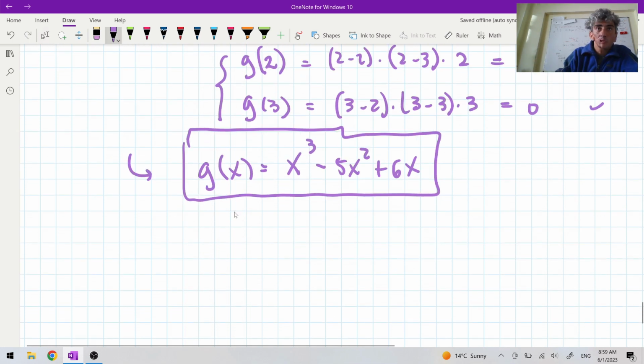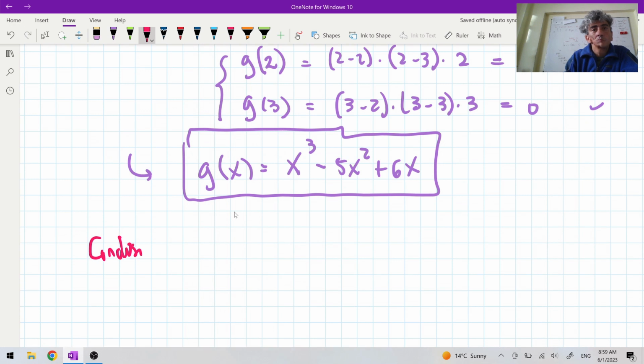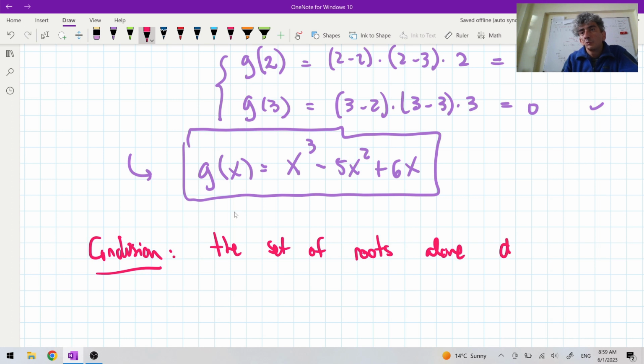So, conclusion: the set of roots alone does not fully determine a polynomial.